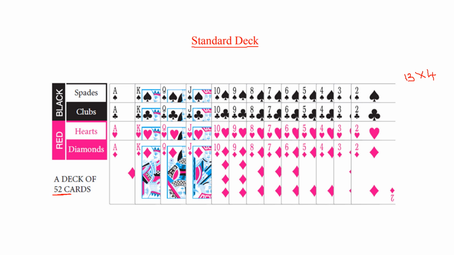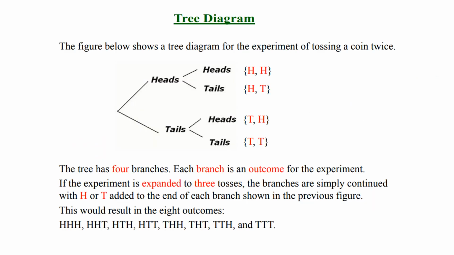So we have a question according to the concept. This is the basic level, so we have only these things. And the tree diagram, I already explained the tree diagram for tossing a coin twice. Let me explain again. When you toss a coin, we have head and tail.